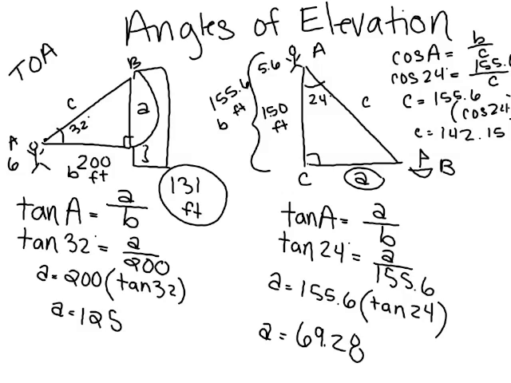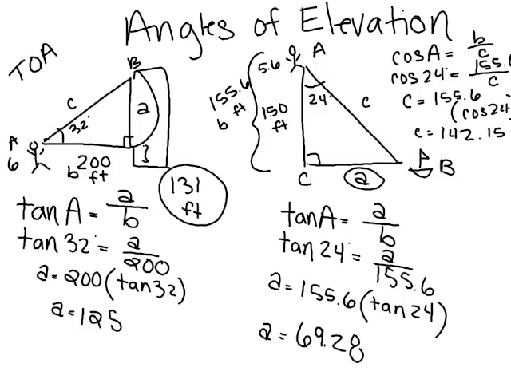Is that right? Okay, how do we know that's not right? Our hypotenuse has to be the longest length of the triangle. Which one is longer right now? 155.6 is longer than 142. So we know we made a mistake somewhere.